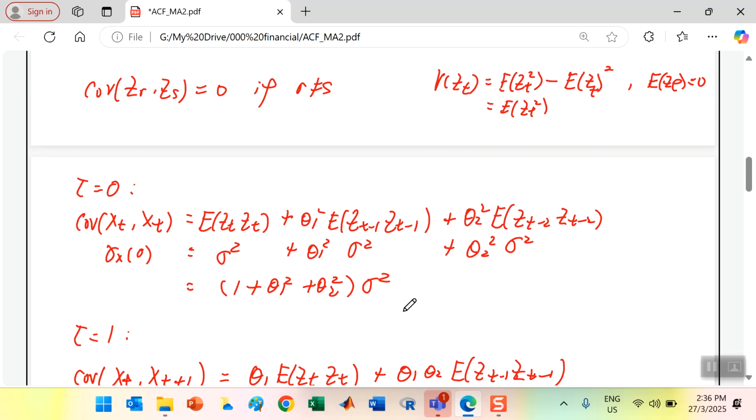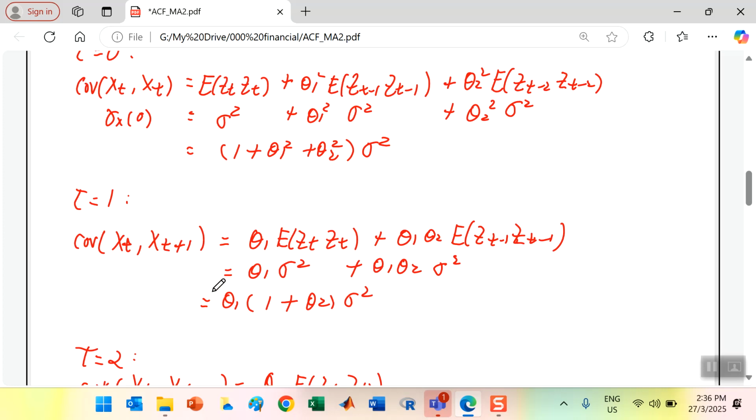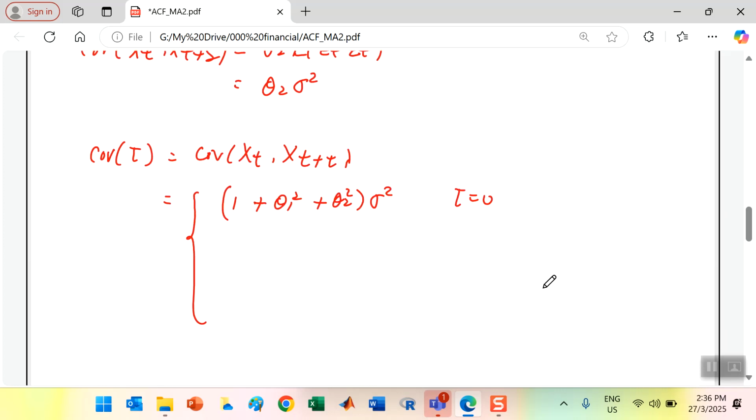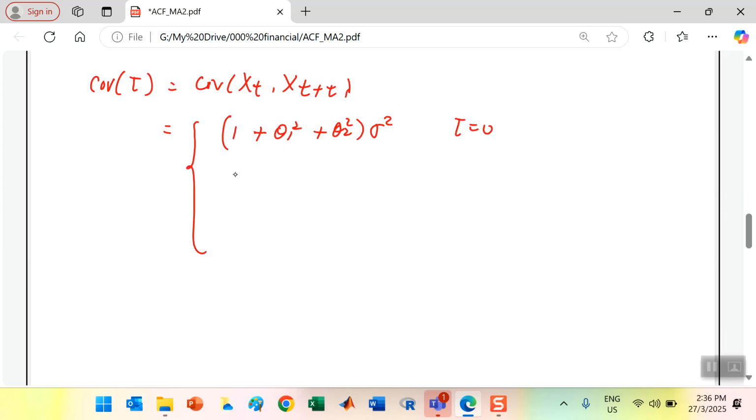When tau is 1, you have theta 1 (1 + theta 2) sigma square. Then you have theta 2 sigma square when tau is 2. Then all the rest will be 0 if tau is larger than 2, that is, tau starting from 3, 4, 5, 6, 7 and so on.